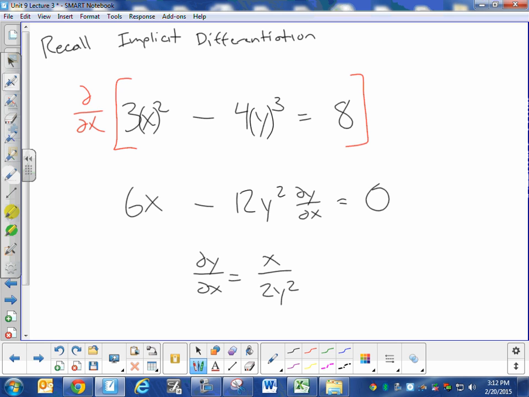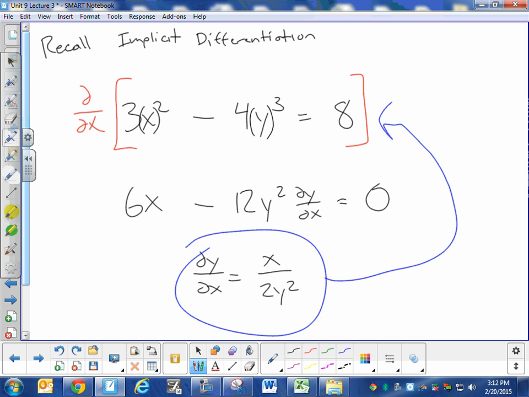Cool. We have derivatives of x's and y's. Today, our main focus is on starting here and ending up here. Backwards implicit differentiation.